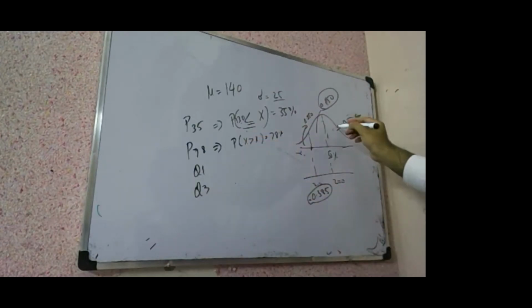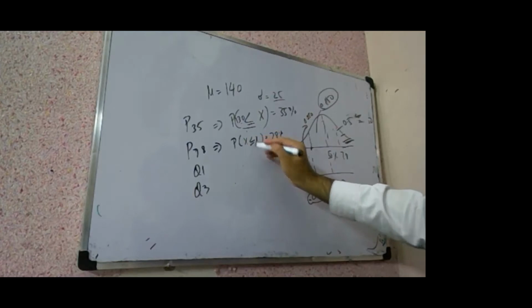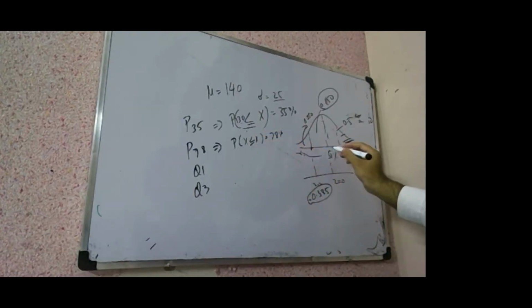Here 78% lies here, so you can get this one. From 0.5 minus this one, you can get the value. What is the value here? So this 0.5 plus this one, you will get this point, and you can solve in a similar way.